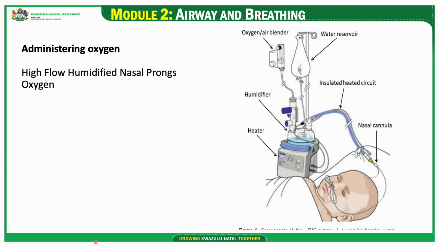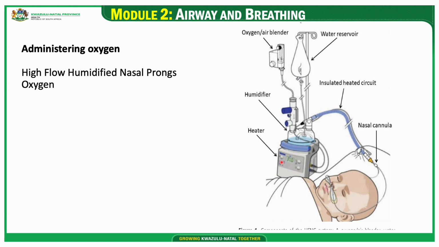Another way of administering oxygen, which may be available in some facilities, is by use of high flow humidified nasal prongs. Now, these are specialized prongs which are attached to a humidifier which can heat and humidify the oxygen that is delivered to the patient.